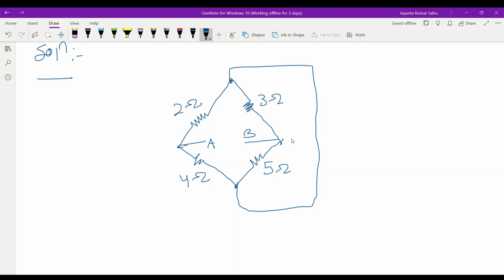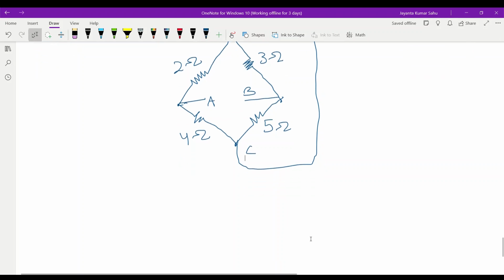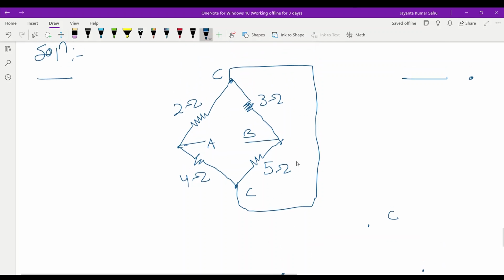If we apply the current method, it fails. We have a confusion. Directly we will go for the point method. Point method means a single line can be represented as a single point. Let this be point C, and this point also C. Now we rearrange the circuit. Let this be point A, this be point B, this be point C. This terminal A means this terminal also A. This terminal B means this terminal is B.